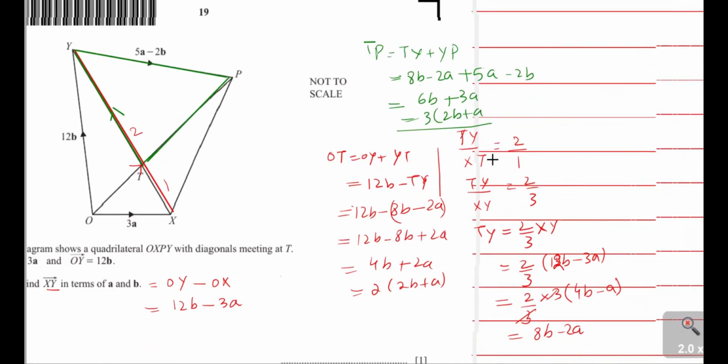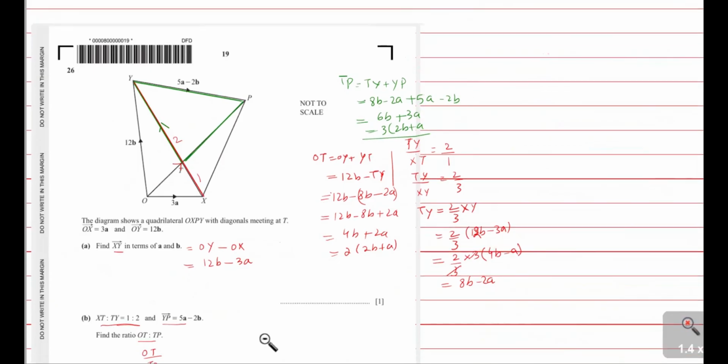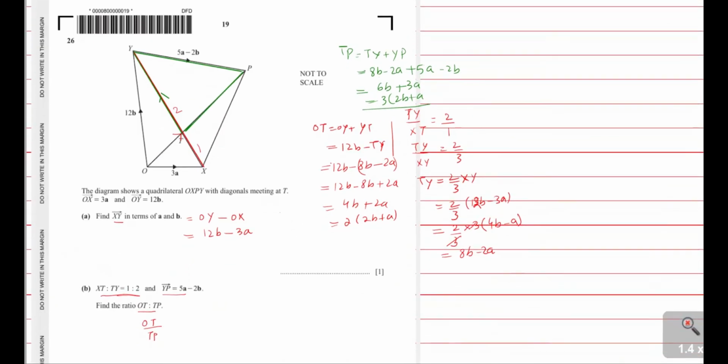Therefore, we write here the ratio OT ratio TP, and this OT value here is 2 into 2b plus a, and the TP value here is 3 into 2b plus a.